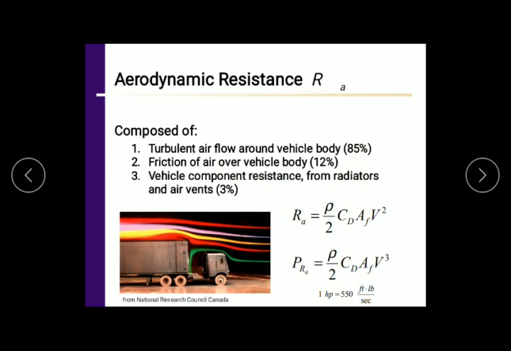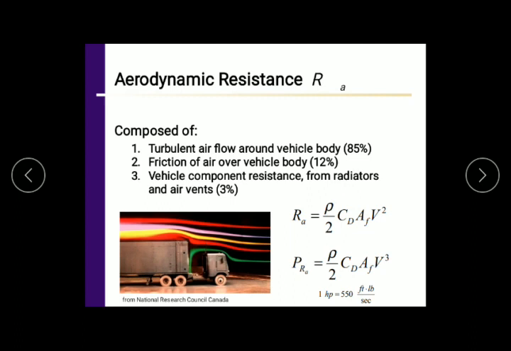Basically, when you are moving the vehicle in the atmosphere, the aerodynamic resistance will act on the vehicle. So we have to overcome this aerodynamic resistance to move the vehicle in the required direction.